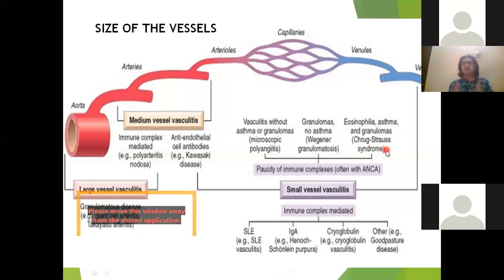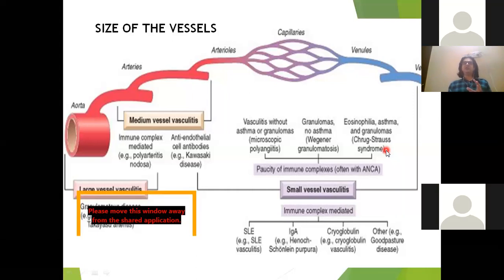So by this connection, you can easily remember eosinophilia and asthma. And then if you biopsy the vessel or skin tissue, there would be granulomas inside the vessel wall, right? So the typical triad of eosinophilia, asthma, and granulomas is Churg-Strauss syndrome.